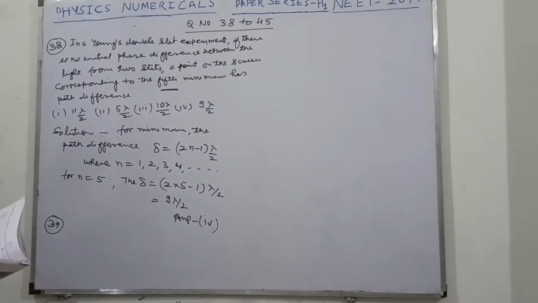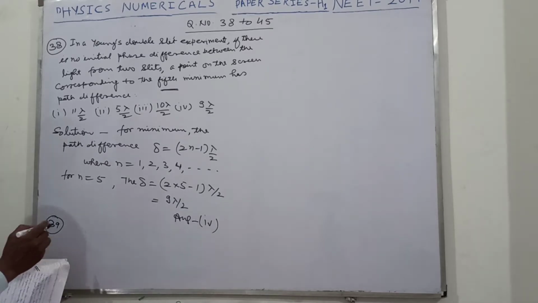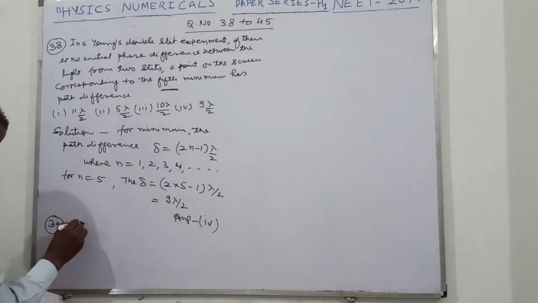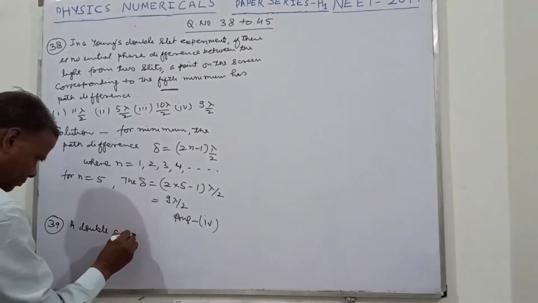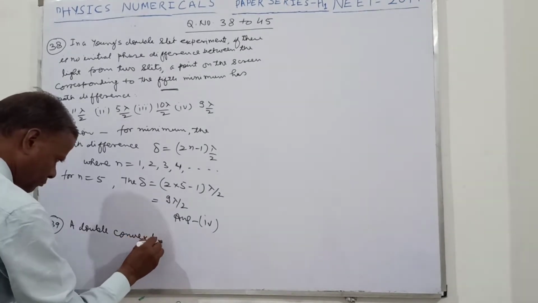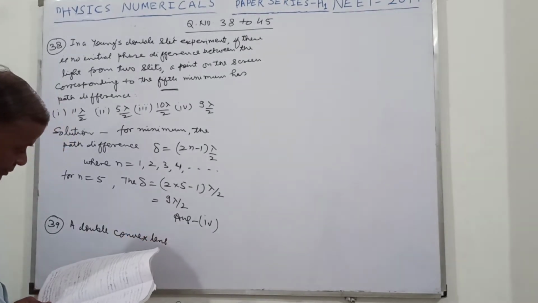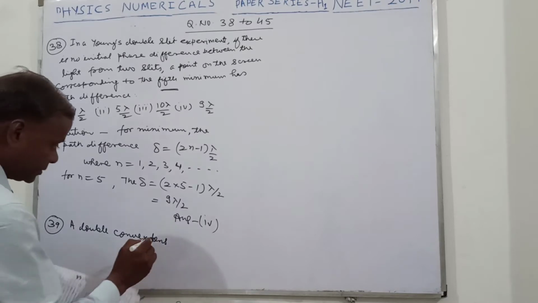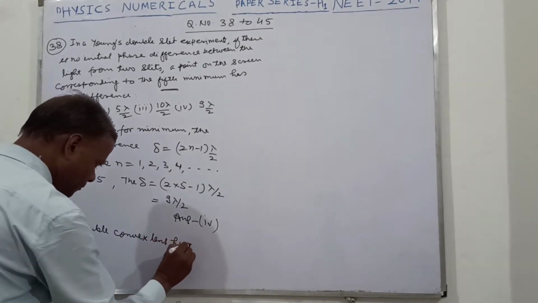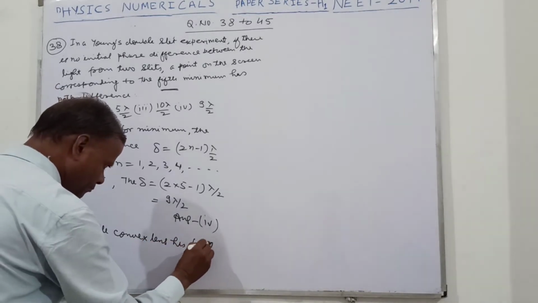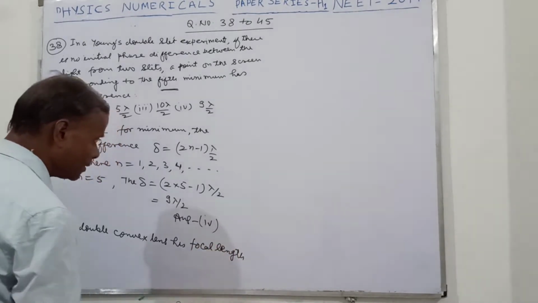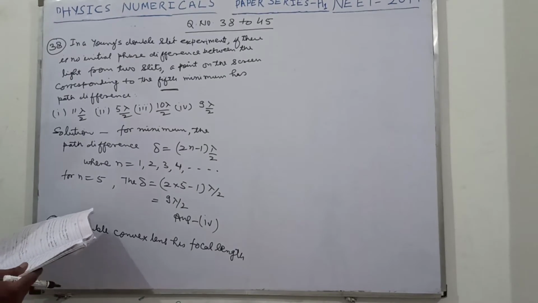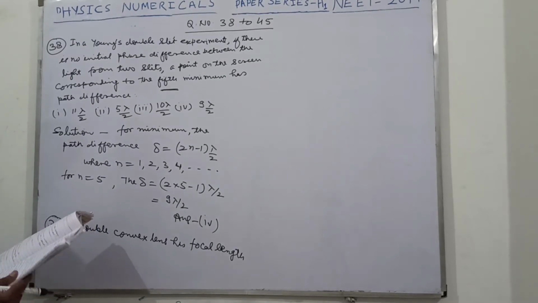Question 39: a double convex lens has focal length 25 centimeter.